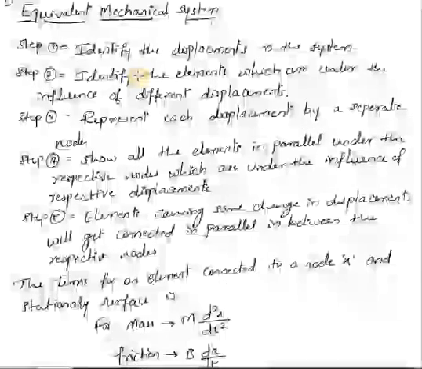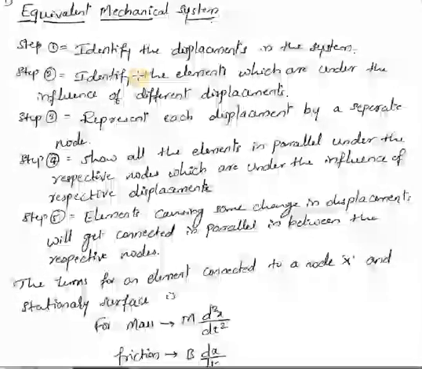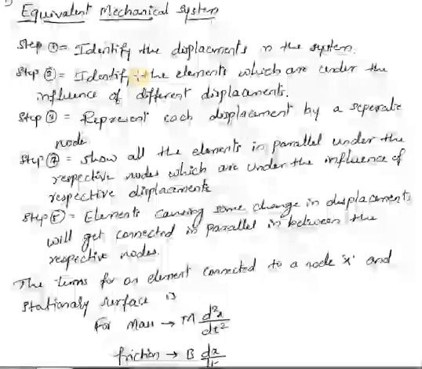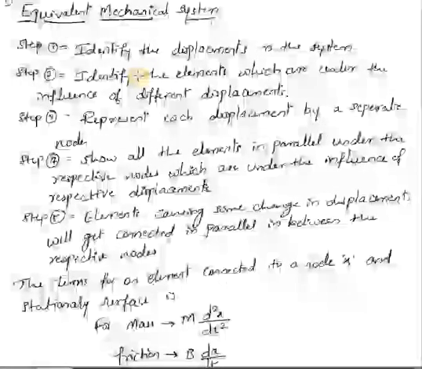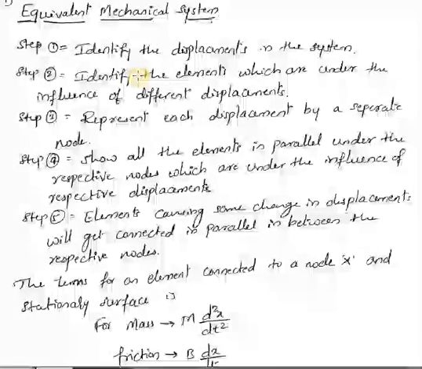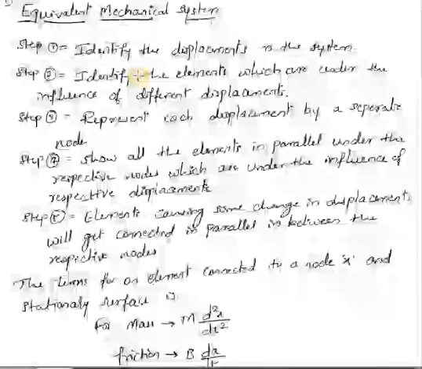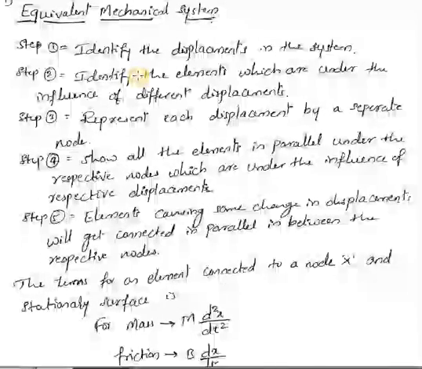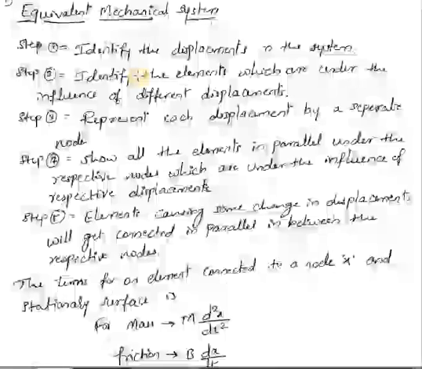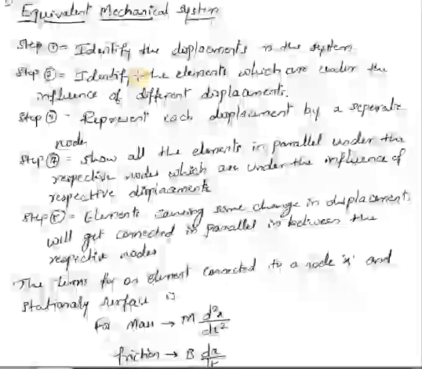Then represent each displacement by a separate node. For example, if there are two displacements, first you have to mark two nodes. If there are three, you need to mark three nodes. The fourth step is to show all the elements in parallel under the respective nodes which are under the influence of the respective displacements. For example, if m1 has only x1, connect that m1 to x1.